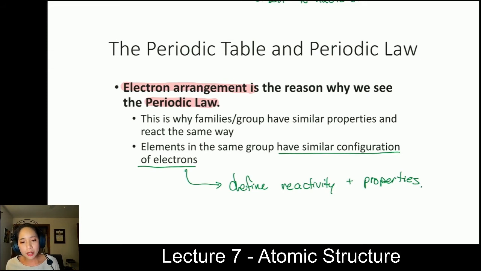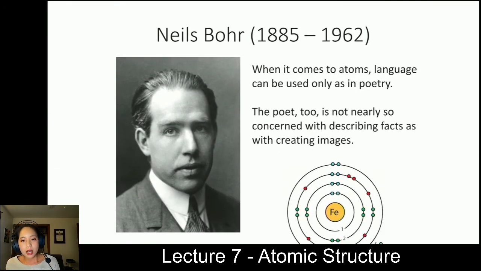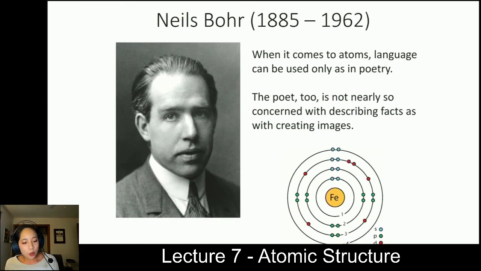So if you remember, in an earlier lecture, we talked about our Bohr model of our atom, where we have our nucleus and our extranuclear region. That was our Bohr model. So we have Niels Bohr to thank for a lot of the work within electrons and how to describe electrons with quantum numbers.